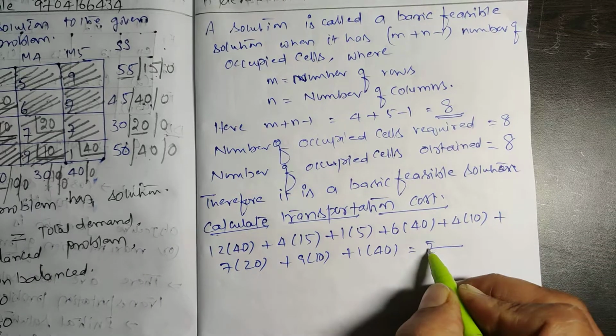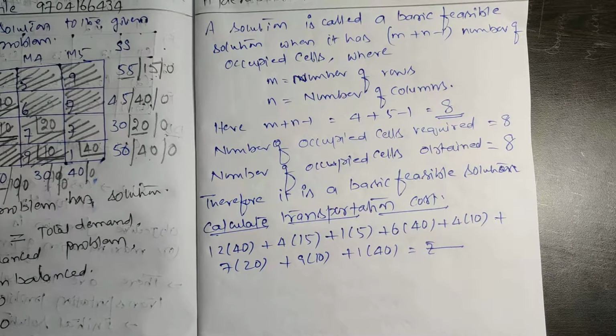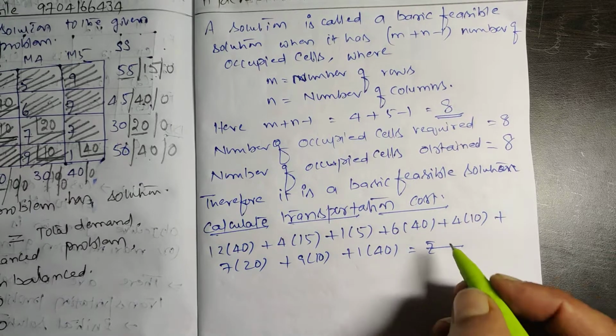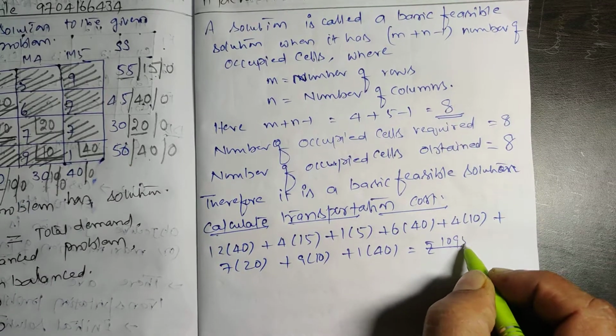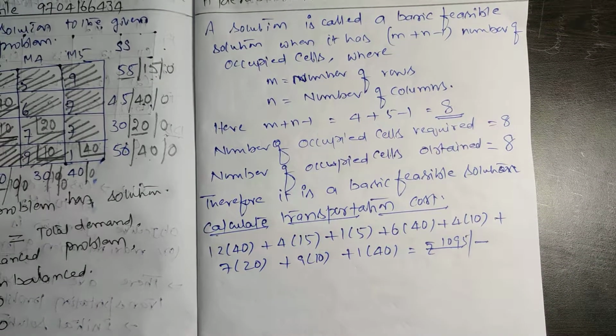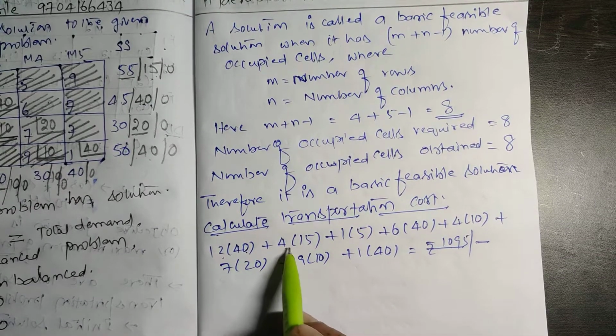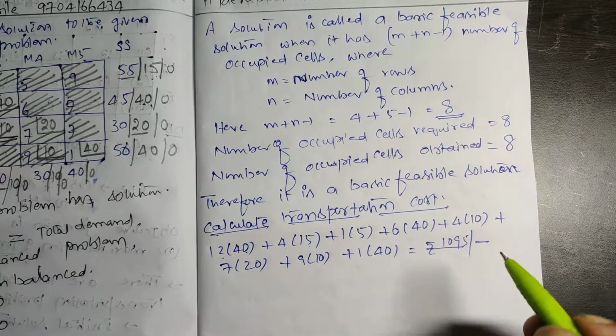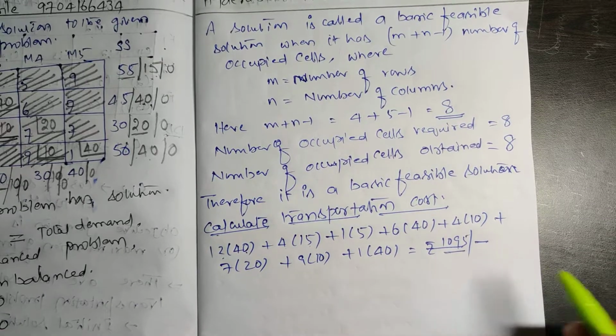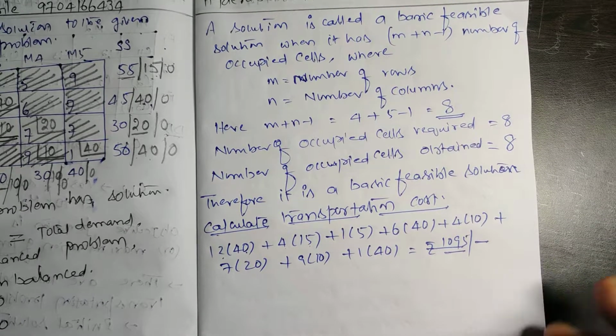By adding these values, you will get a transportation cost. This is rupees 1095. You can check my calculations. Okay, sir. 12 into 40 plus 4 into 15, this way. It is coming out to be 1095.